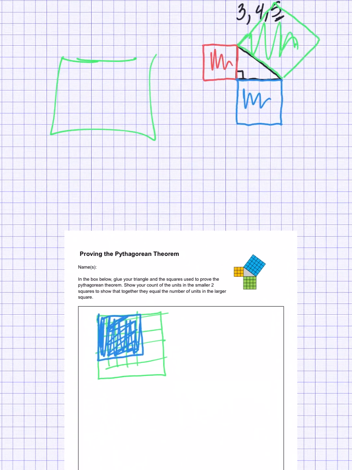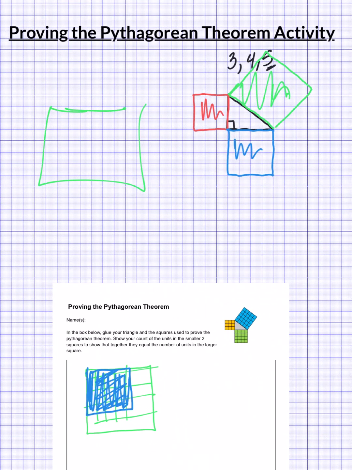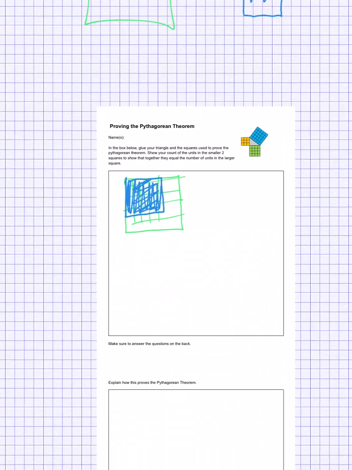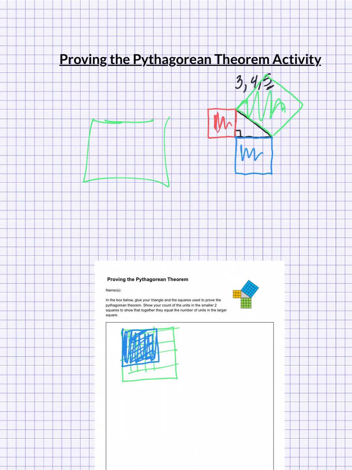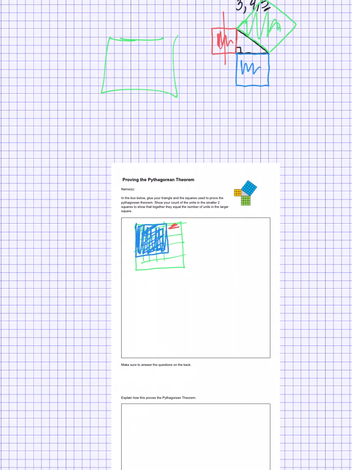And then what you're going to do with your last square, so for me that is my red one here, is I'm going to cut the red one up. So I might cut it down the middle here. And then that will fit right here. You want to cut it to fit. And then with the last piece it'll go here, and there should be one left piece that'll go here.